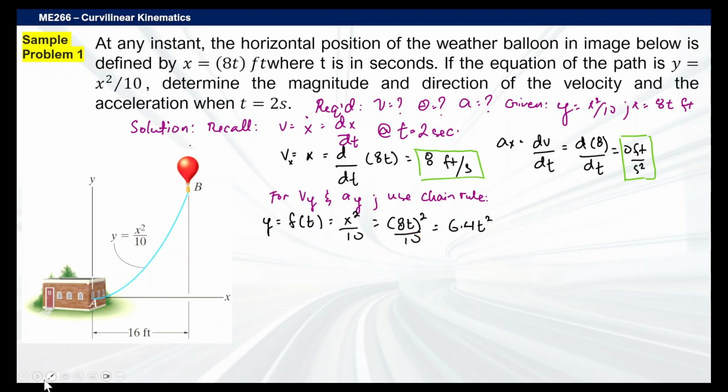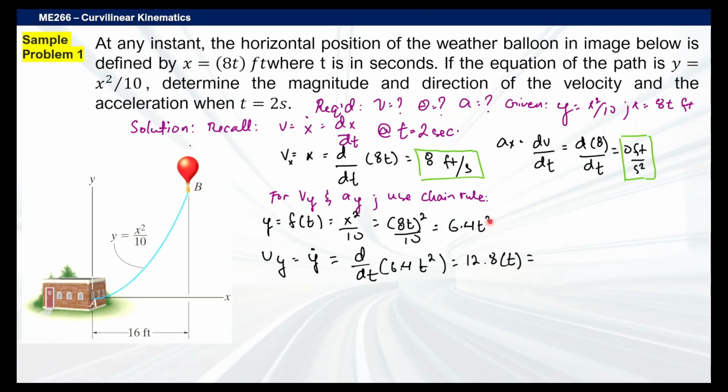Okay, so in this case, magiging 6.4t squared, and then vy here, so just y prime lang naman dito. Okay, y dot, that will be 6.4t squared, and then times 2t. All we have to do lang naman dito is just, so makikita mo dito, in-express ko muna yung y in terms of function ng t.